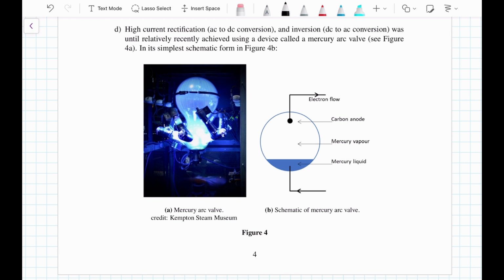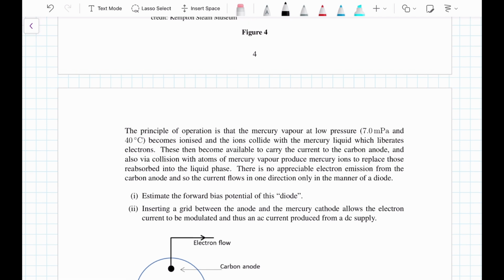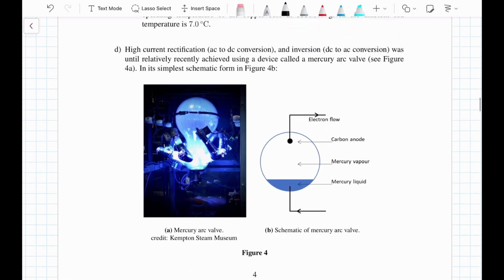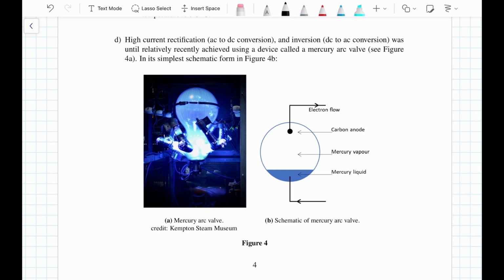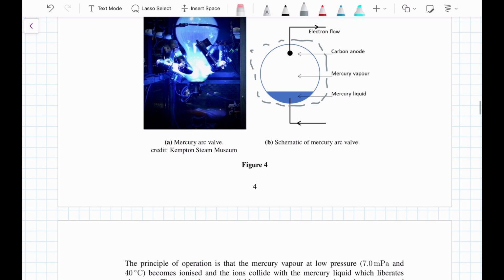The diode is essentially the entire setup, the mercury liquid vaporization setup, so it's this whole component over here. This is the diode, and what we want to calculate is the voltage, the forward potential of this system.